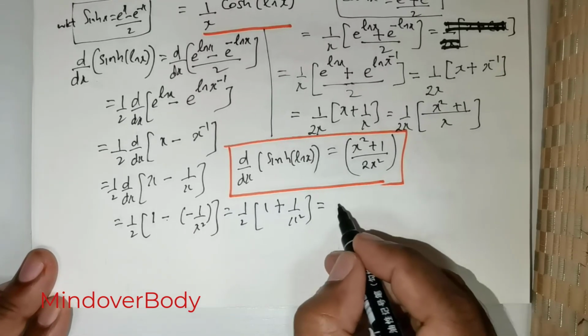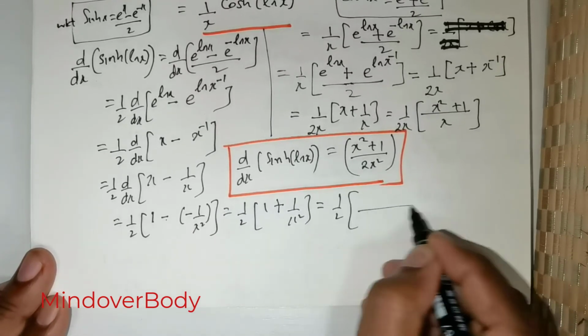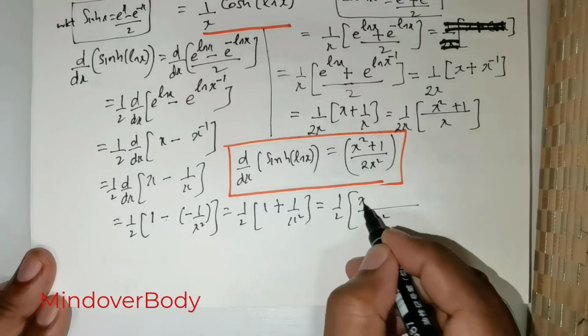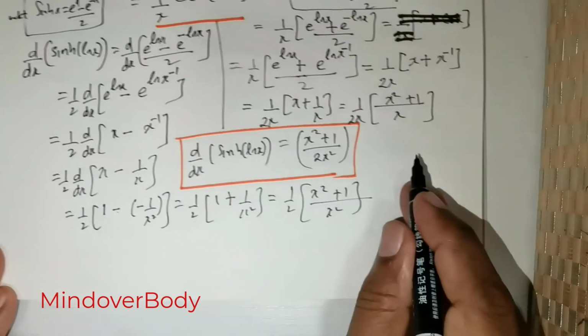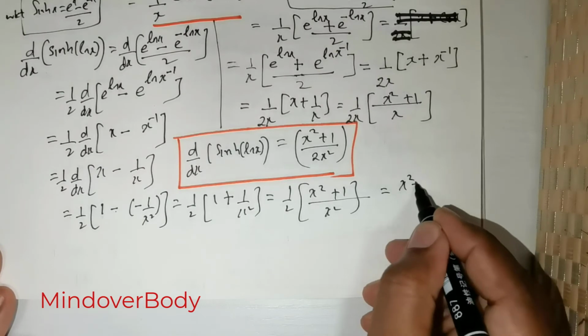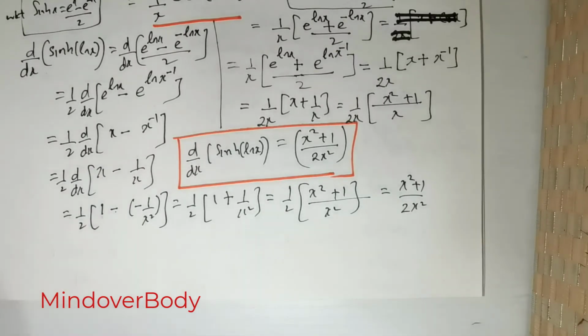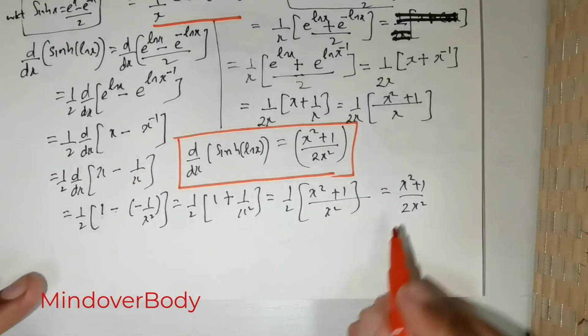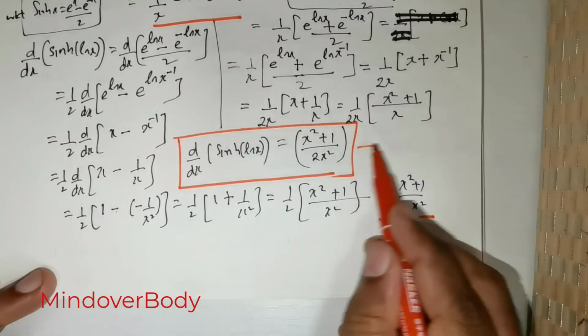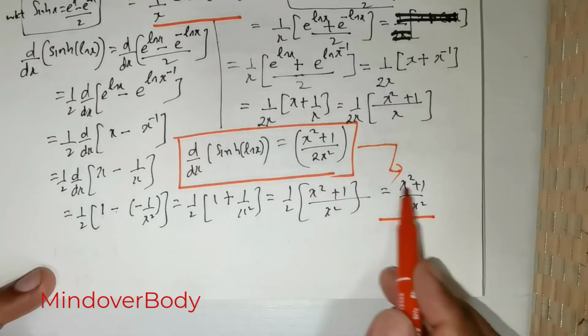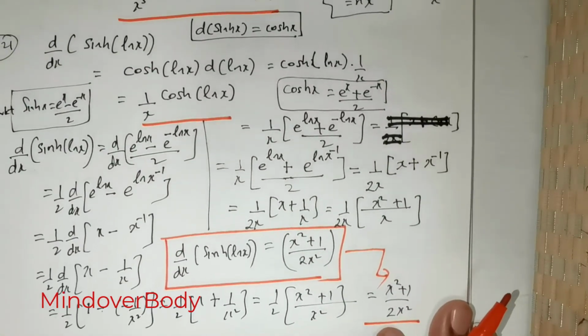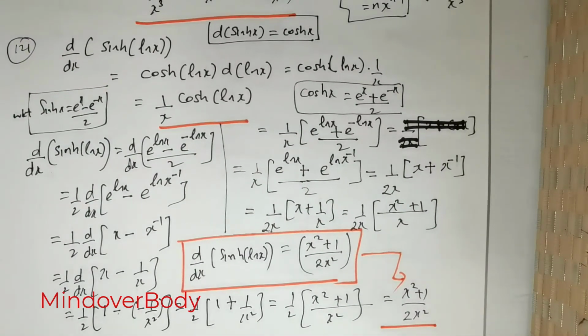If I take the LCM as x squared, this is going to give me (x squared plus 1), which is nothing but (x squared plus 1) divided by 2 times x squared, right? So clearly you can see how we have got the same solution in both ways. This is a beautiful problem, and I've shown you 2 different techniques by which this problem can be solved.